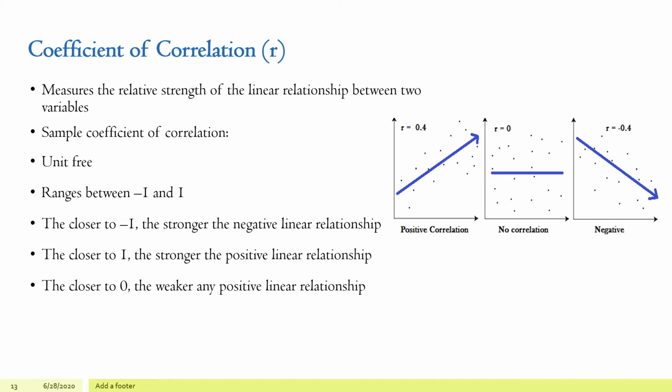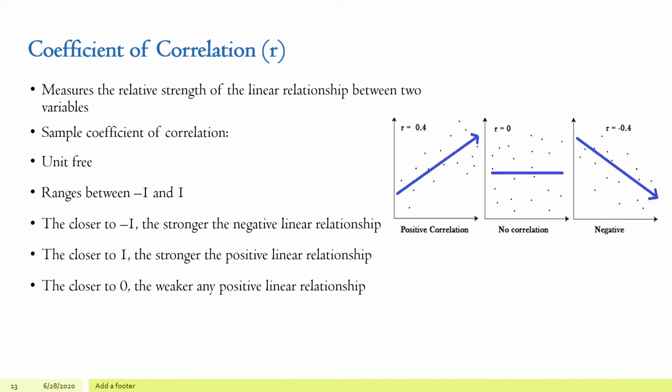So the coefficient of correlation measures how the dependent variable changes when the independent variable changes, dy by dx, that is, whether there is an increase or decrease in the value of the dependent variable.